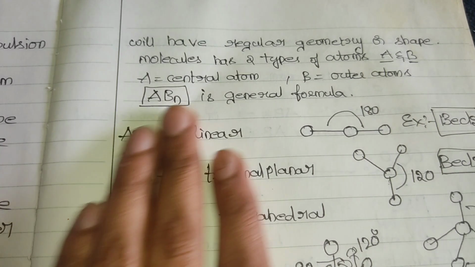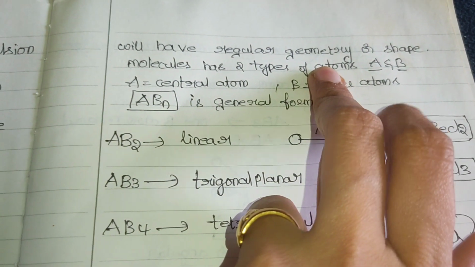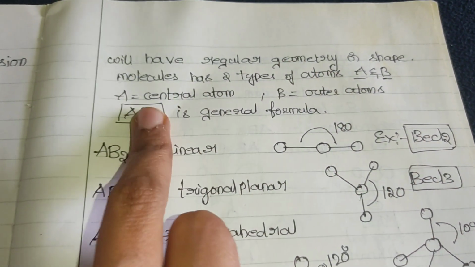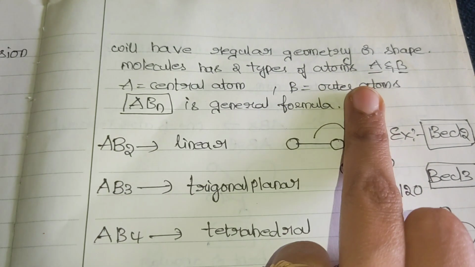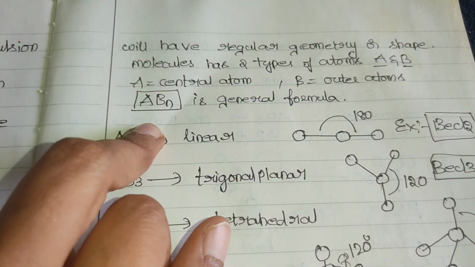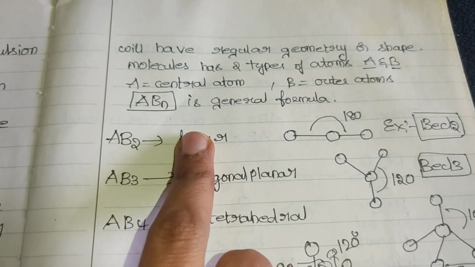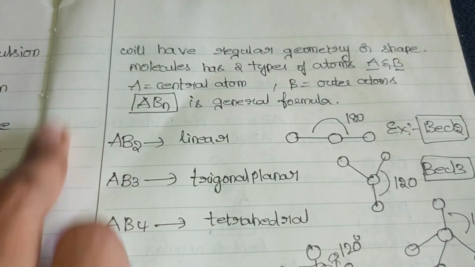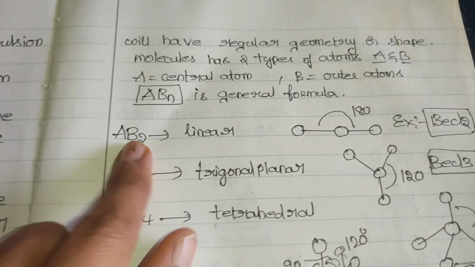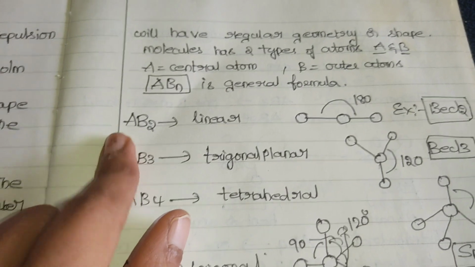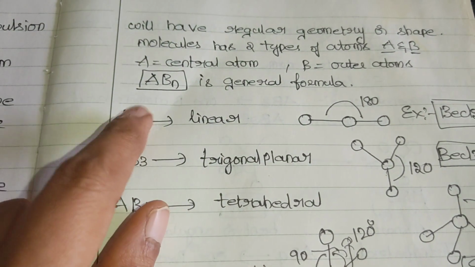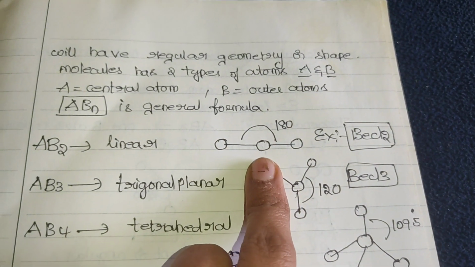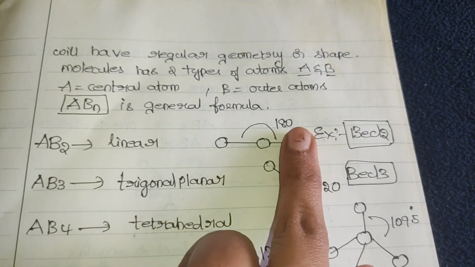When we see, there are two types of atoms, A and B, both forming the covalent bond by sharing of electrons. A is the central atom and B is the outer atom. The general formula is ABn, where n is the number of outer atoms. For AB2, the central atom A is connected with two B atoms, so the shape will be linear and the bond angle will be 180 degrees.